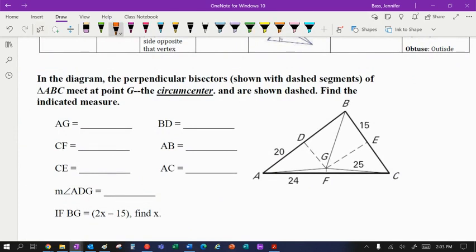That means I could draw a circle and it would touch all of the vertices, meaning this segment is congruent to this segment, is congruent to this segment. So since FC is 25, so is AG. This is also 25, and this is also 25.